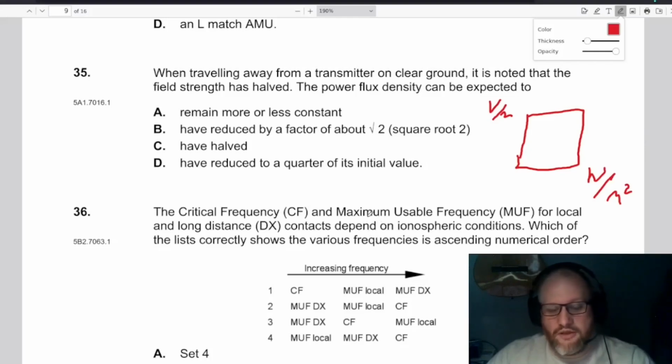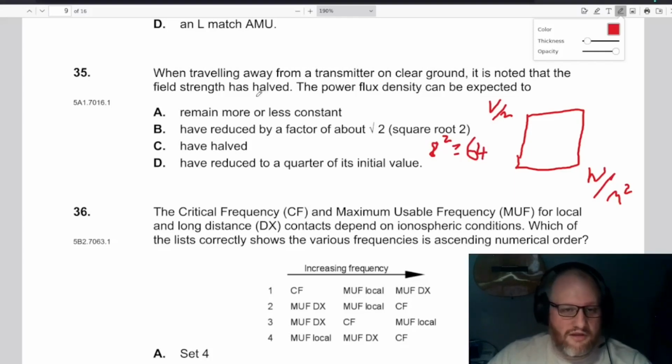We can demonstrate this by setting the side length of our square to 8, so the area of our square is 8 squared, which is equal to 64. If we then halve the side of our square, as we're doing with the field strength, we make it 4, then the area of our square is 16, and the factor difference, 64 divided by 16, is 4.